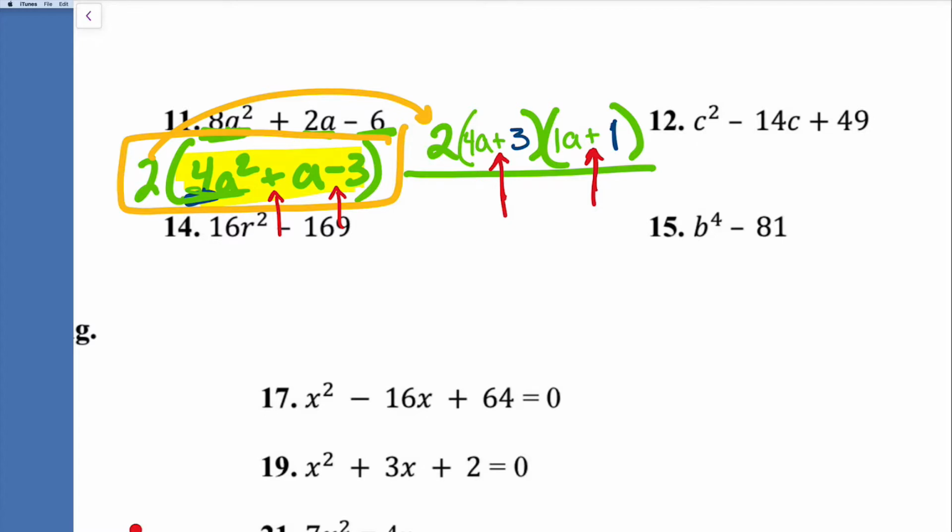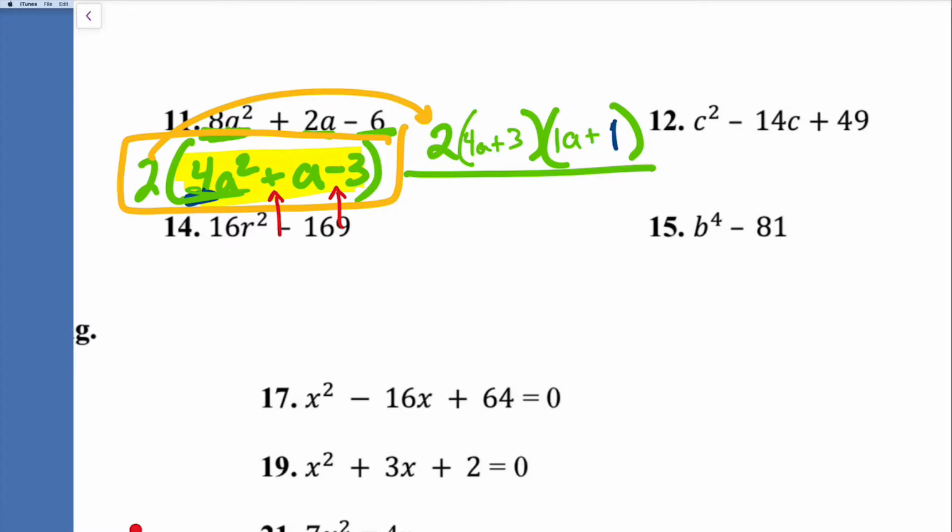And that's the tricky part. That is the tricky part, because it's made all the more trickier because I have a 4 right here. So, having said that, I'm going to guess, oops, what would I have here? A plus 3, right?